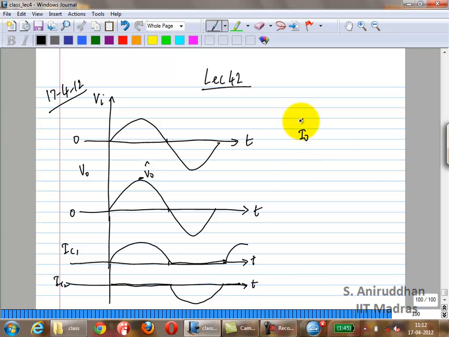And at all times IO hat is VO hat by RL. Right? Those are the peak values of the currents and voltages. This is minus IO hat. Is that okay? In this case, Q1 is on, Q2 is off. Q1 is off.